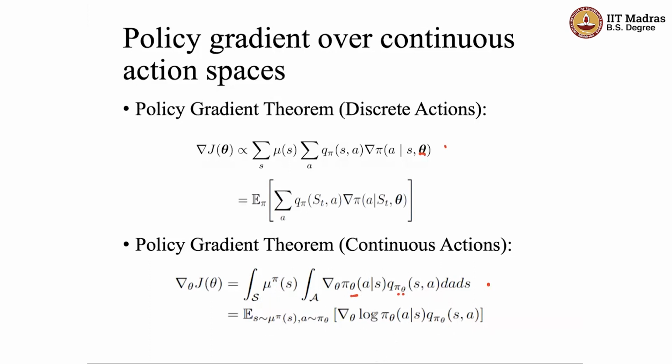In some sense, this has now moved into an expectation. So this is the policy gradient theorem, the one that we know for stochastic policies, written down for continuous states and actions.